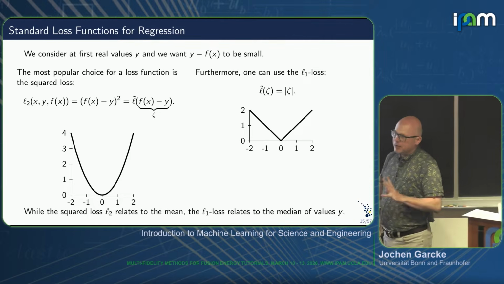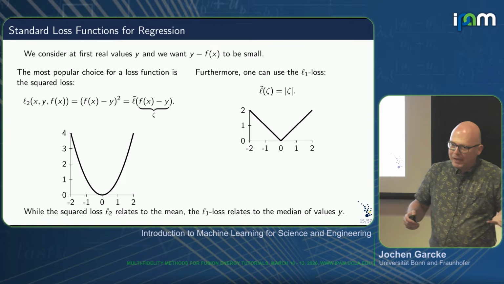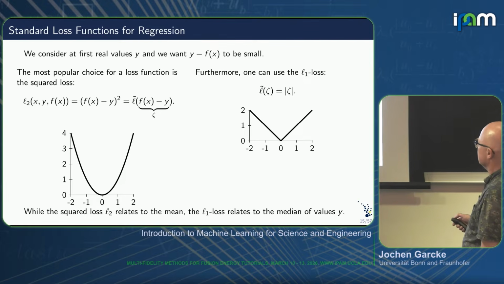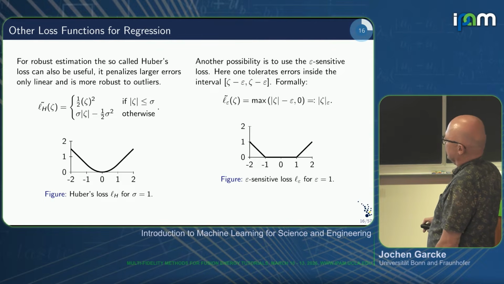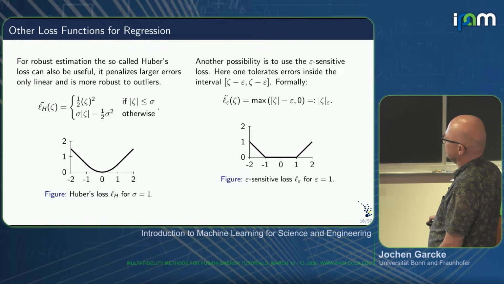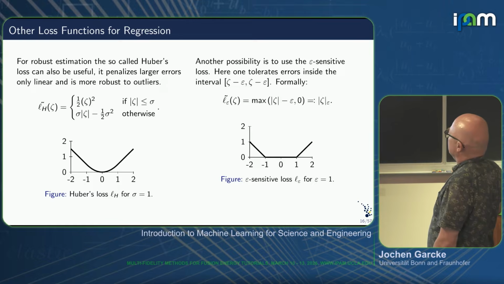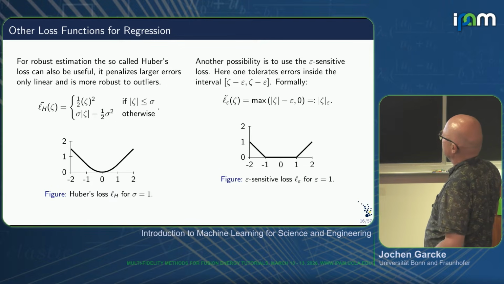Typically, and mostly, least square errors are used, but you might want to use something else. Instead of the L2 error, you can use the L1 error. In robust statistics, there's the so-called Huber loss, where you start with L2 and then go over to L1. Inspired by support vector machines, there's the so-called epsilon-insensitive loss, where you don't have a loss for a while, and then start to penalize the error.